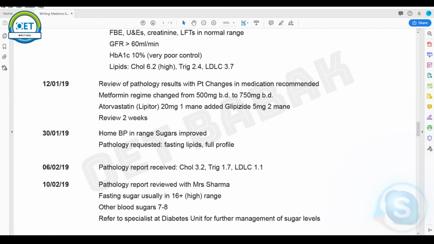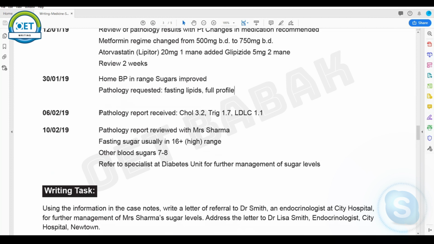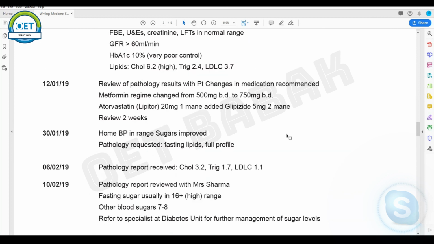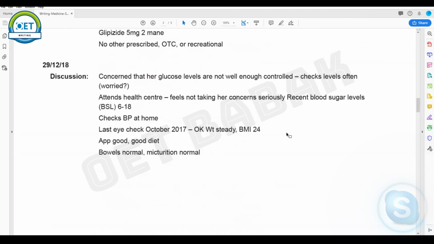But this one doesn't need to be seen because BP is okay, sugar is okay, and we just need to follow up with the pathology. It is normal, so no need to action.